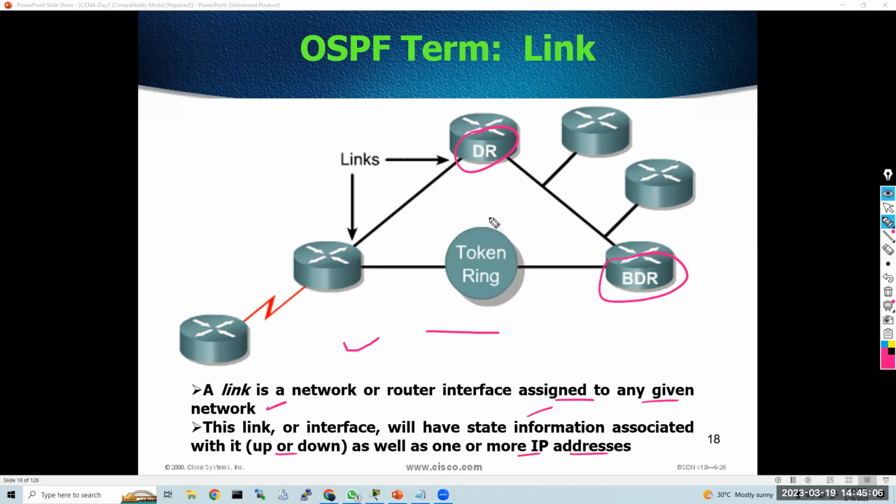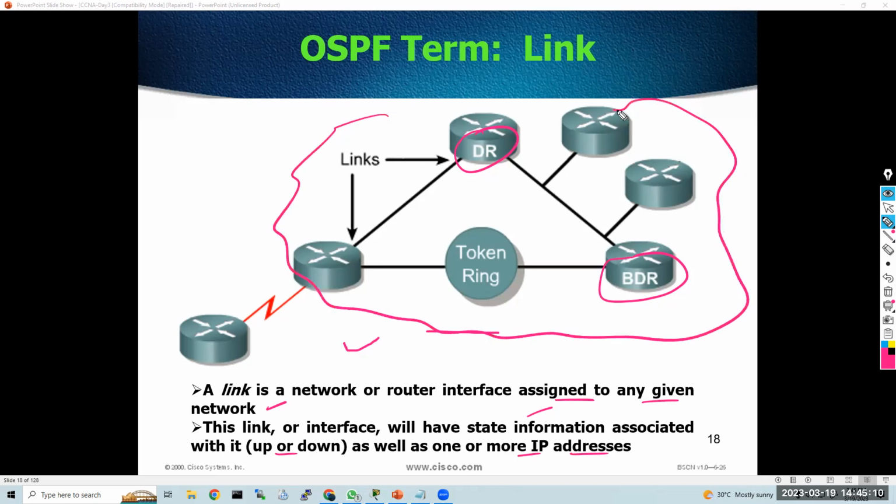Remember, say for example you are running OSPF here, and here you are running EIGRP. This router we will call your ASBR, the autonomous system border router.